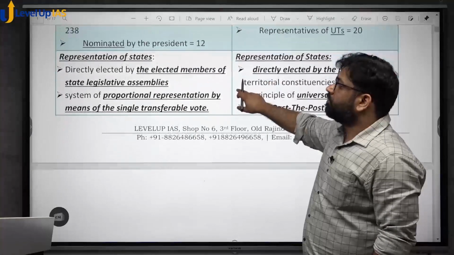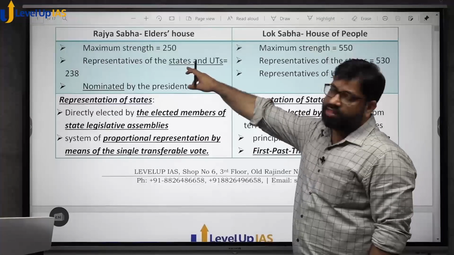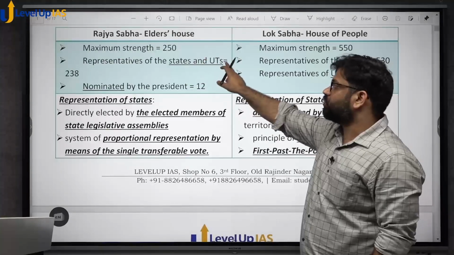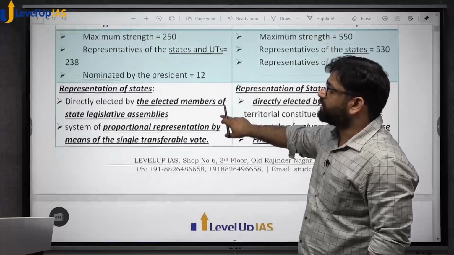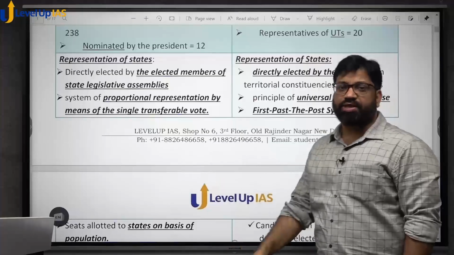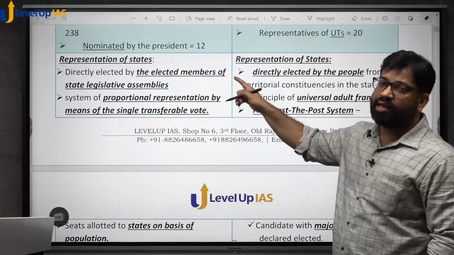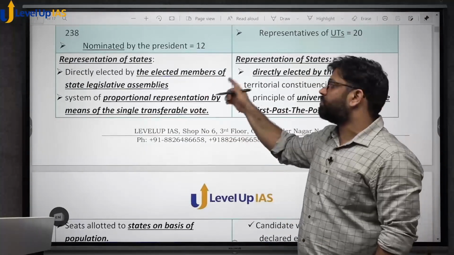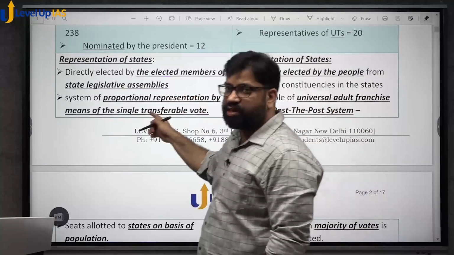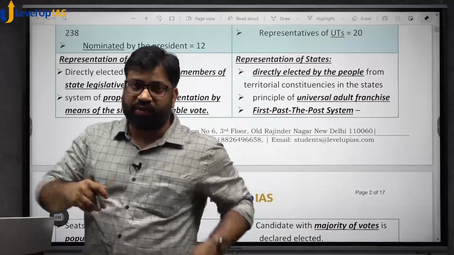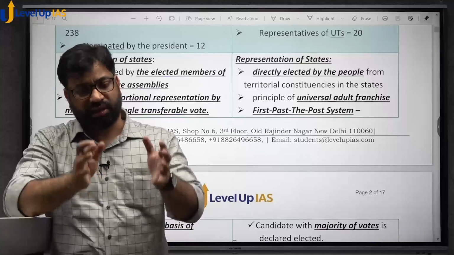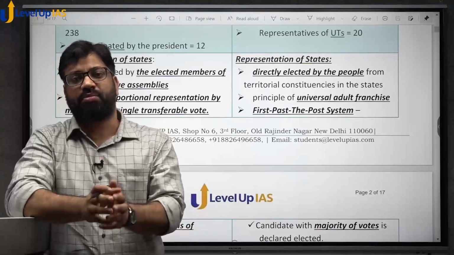Now we just saw that there is representation of states as well as UTs. Let's see what happens for states. In case of states, the members are elected by the elected members of the state legislative assembly. So every state has its state legislative assembly. In that assembly, there are elected members.